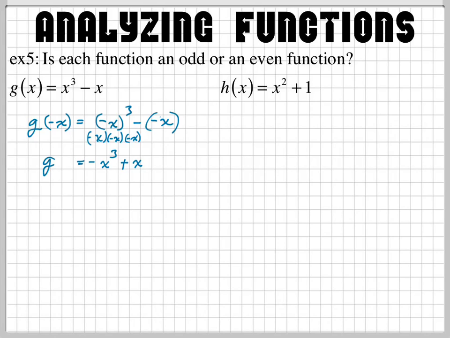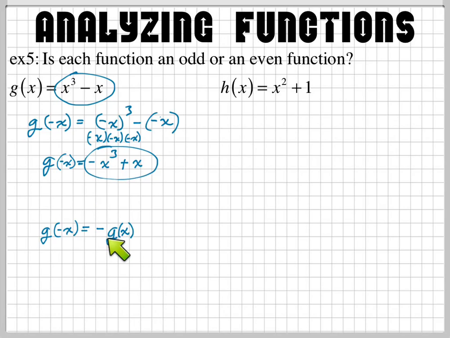So this is g of negative x. Now look at what we got. Look at our result, and then look at what we started with. Are those opposites? Yes. And so if you plug in a negative x and you get the opposite of g of x, which is what this is, isn't this right here equal to g of x, right?